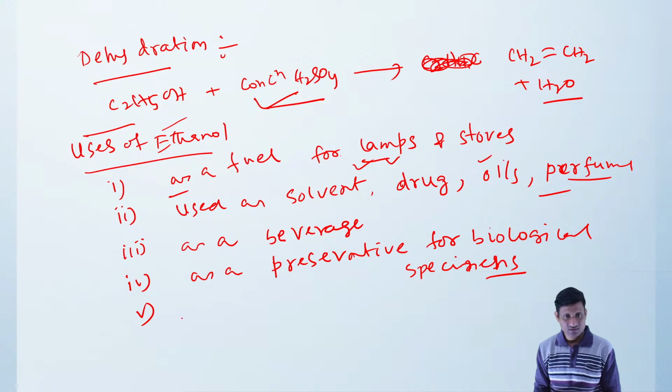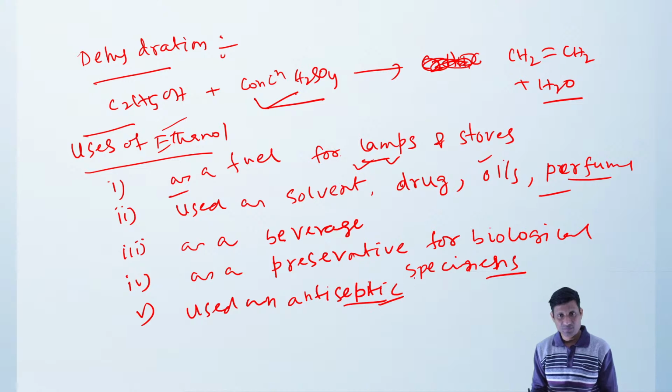So this is used as an antiseptic. कोई भी wounds, to sterilize the syringe or the needle. So basically sometimes we use the alcohol as an antiseptic. Okay, so these are the major uses.